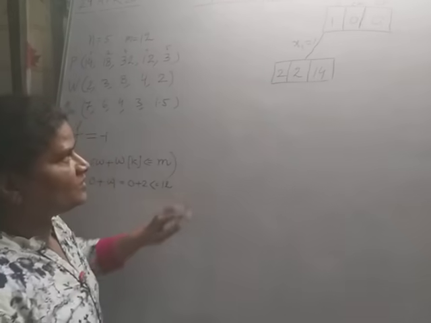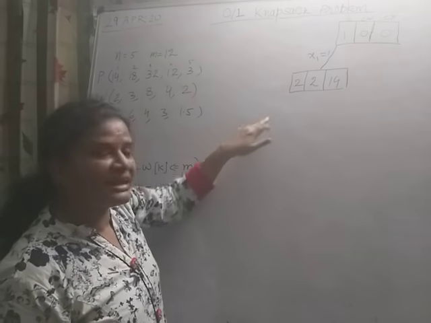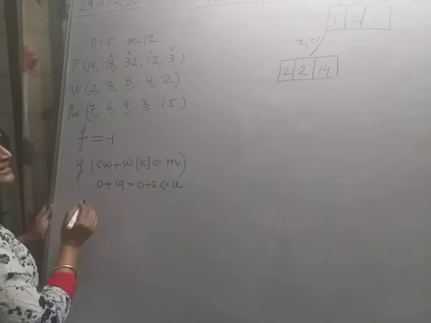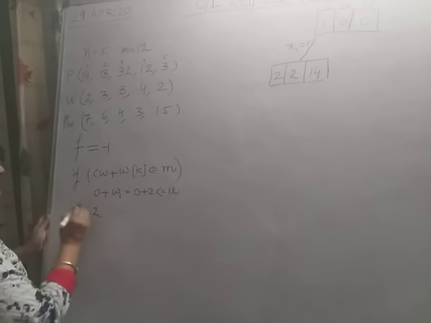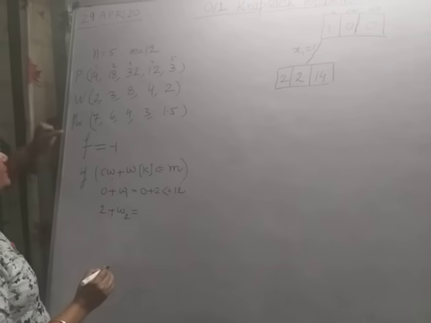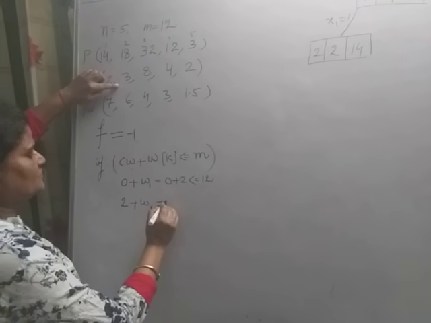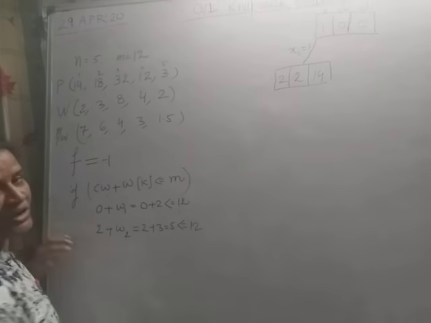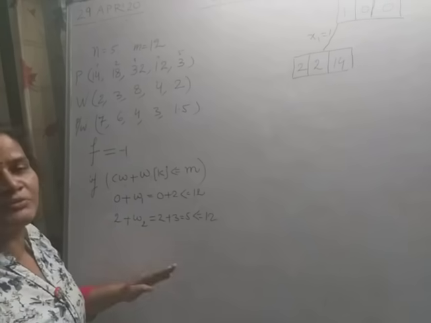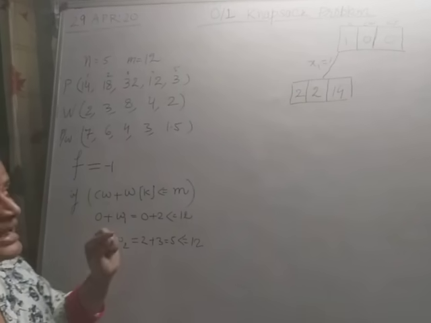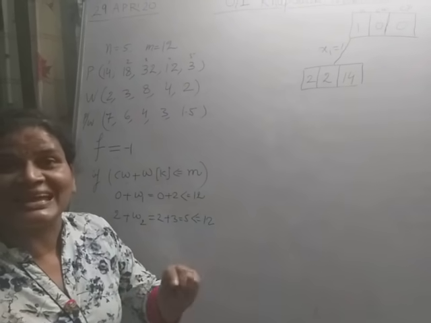Again for the left branch it is to be checked: CW is 2, so 2 plus W2, which is 3, gives 5, which is less than or equal to 12. So we can move to the left branch. And we also check that k should be less than n.